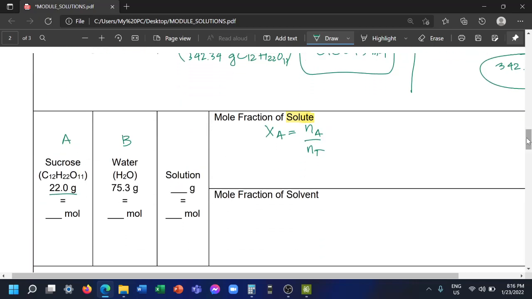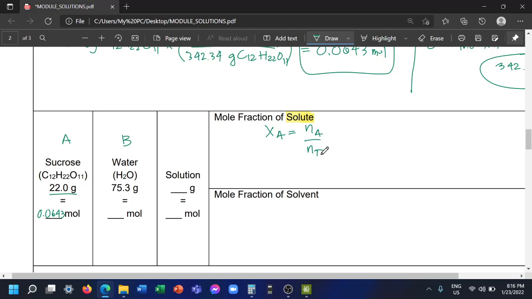So 22 grams of sucrose is equal to 0.0643 moles. We have identified the number of moles of the solute.